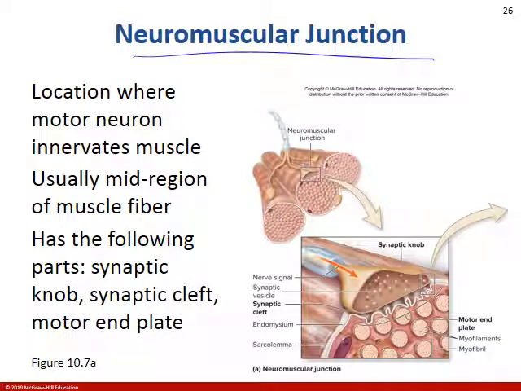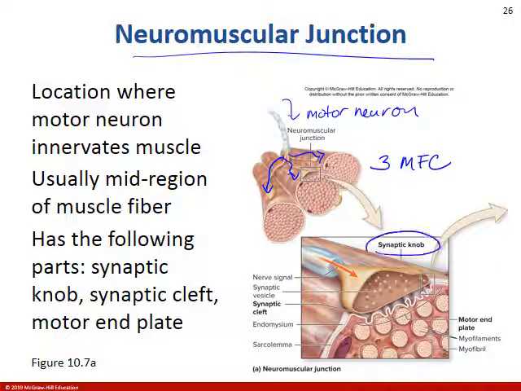Here's a neuromuscular junction image. Again, here's a motor neuron, and this motor neuron is reaching out and talking to 3 muscle fiber cells. The way that it does that is by a synaptic knob. Sometimes I think of this as a foot, right? The foot of the neuron.